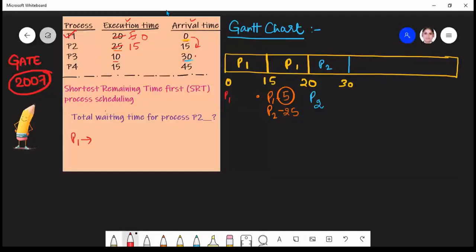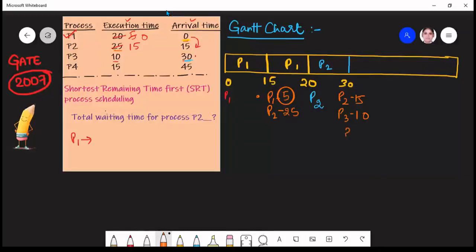Now at this 30th millisecond, who has joined the system? P3 has joined at the 30th millisecond. So P2 was already there and P3 has also joined. The remaining time of P2 is now 15 and P3 is 10. Who is going to take the CPU now?